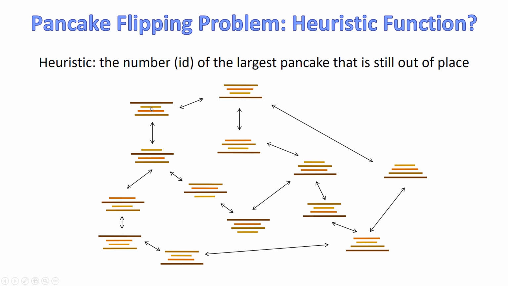Now, why 4 might be a good estimate is that we have to put this pancake into its place, which is 4, which means that we have to flip at that position at some point. Otherwise, we will not be able to put that pancake into that position. So this is like how deep we have to go to flip the pancakes in order to get to the goal.